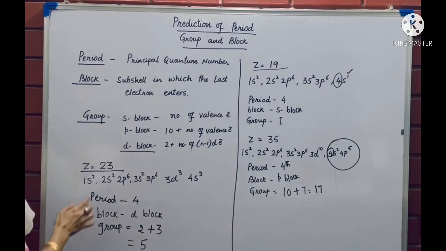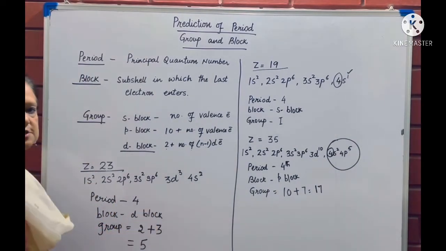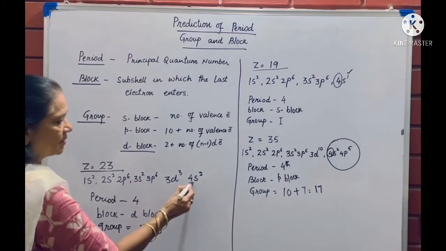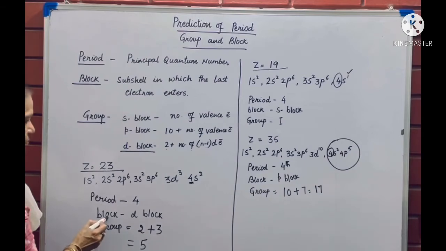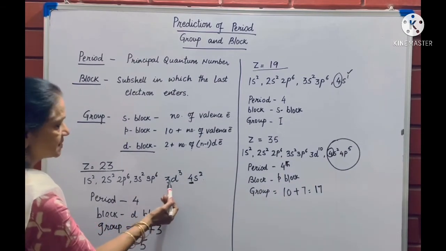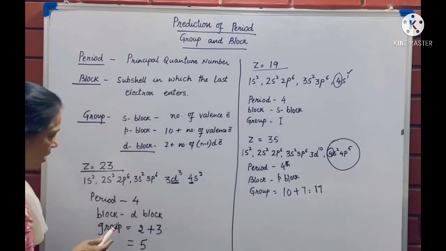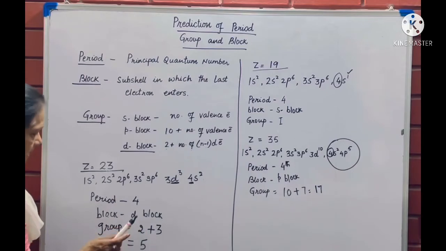Now for atomic number 23, if I write the electronic configuration, it comes out like this. The period is 4th, which is told by the principal quantum number. Block is D because the last electron was filled here. First we fill 4s, then we fill 3d, so the last electron has gone into the D subshell. So we'll say it is a D block element.